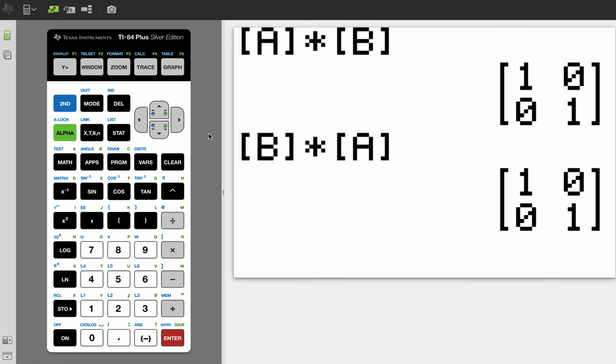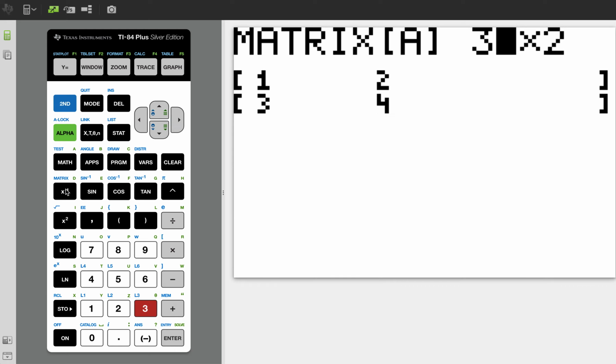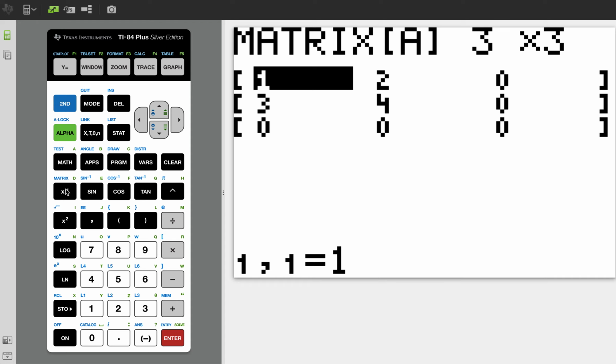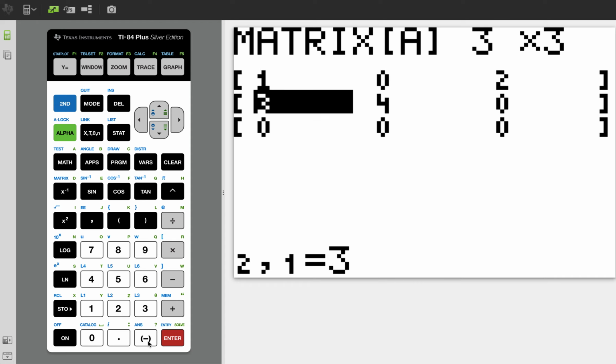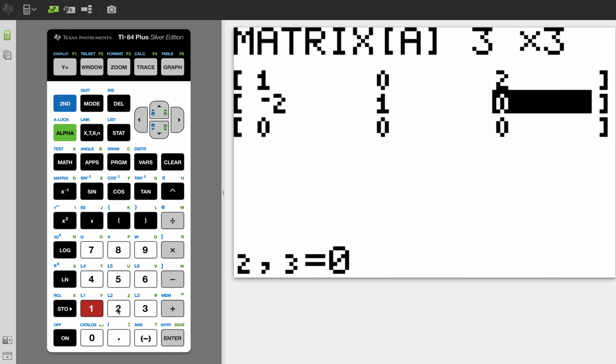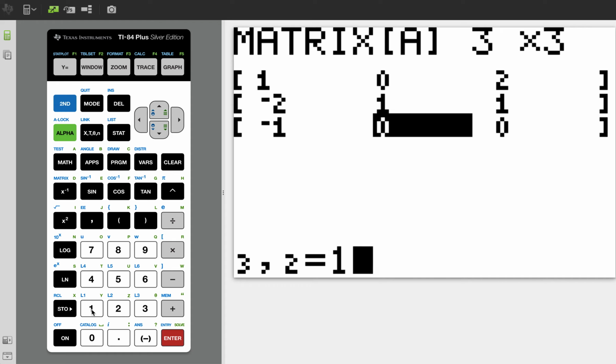Here, come back to my calculator, go into my matrix, and I'm going to edit, turn it into a 3 by 3: 1, 0, 2, -2, 1, 1, and -1, 1, and 2.